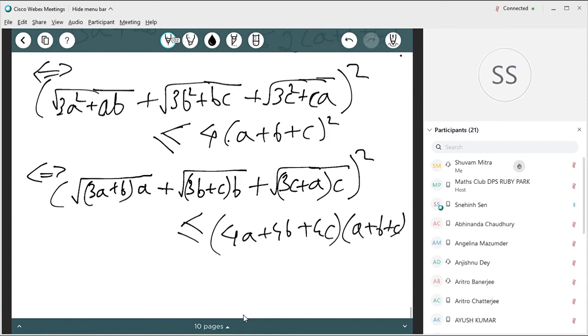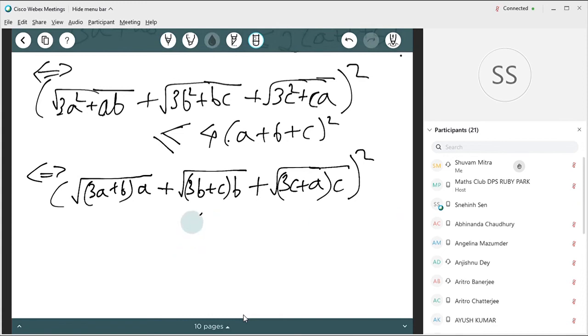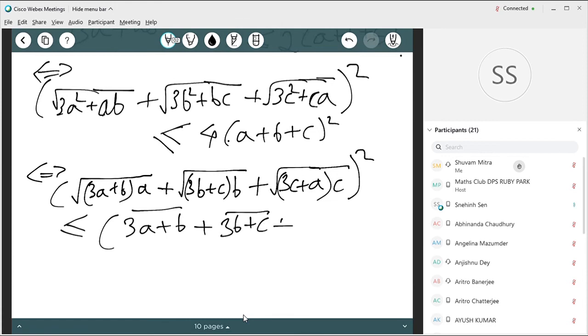But what's 4a plus 4b plus 4c? We can rewrite the right hand side as 3a plus b, plus 3b plus c, plus 3c plus a, times a plus b plus c. And that's Cauchy-Schwartz, and that's what we need to prove.